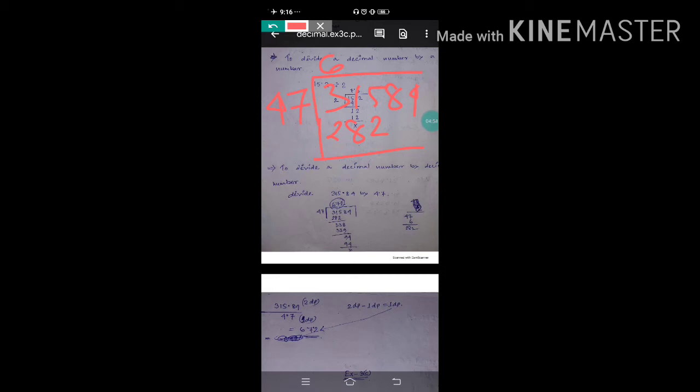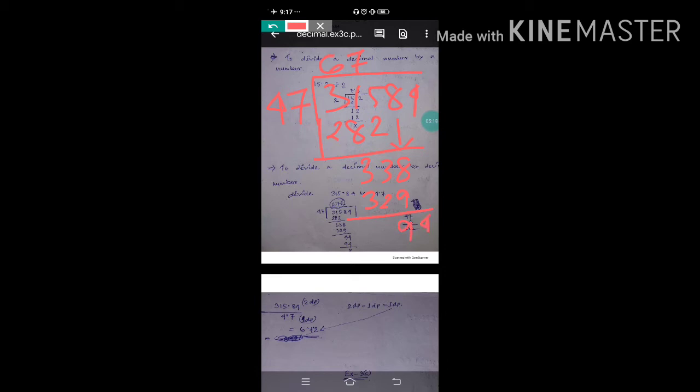So do the subtraction, then you will get 33, then this 8 will come down, 338. So now 47 times 7, I am doing the multiplication, then you will get 329. Then how much will you get here? 9, and here 4.